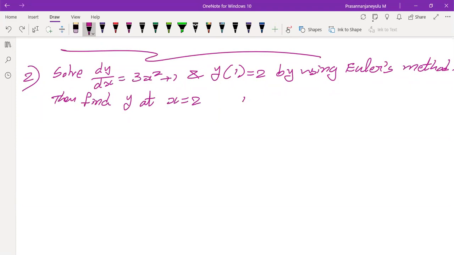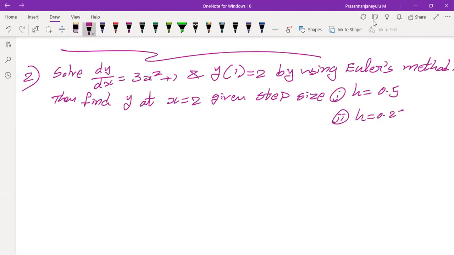Otherwise, given step size, the first point is h equals 0.5, and the second point is h equals 0.25. Okay, so I'm going to explain for h equals 0.25. Now, solution.